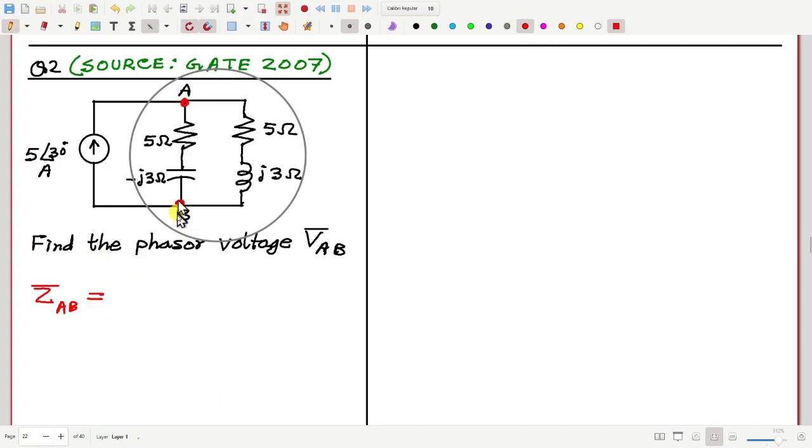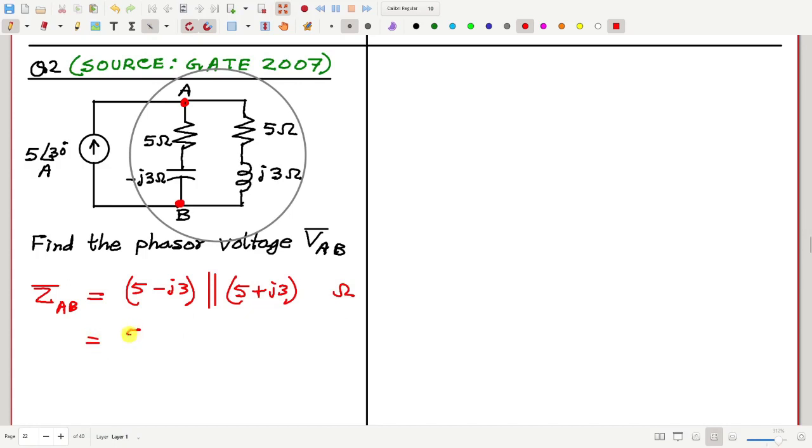We have two branches. The left side branch has an impedance of 5 and minus J3 in series, so I'm simply adding them. And then the right side branch has 5 plus J3 impedance. These two are to be combined in parallel. This is in ohm.